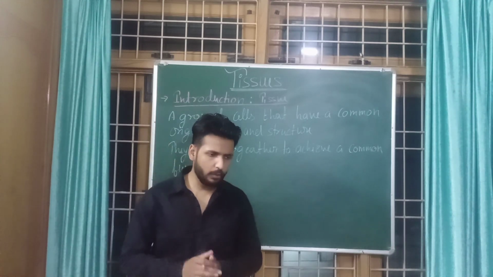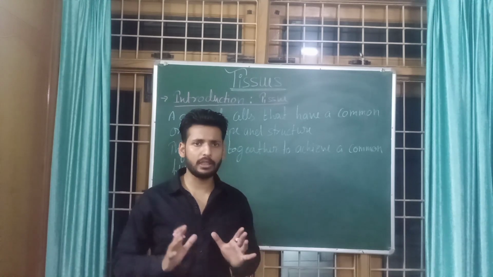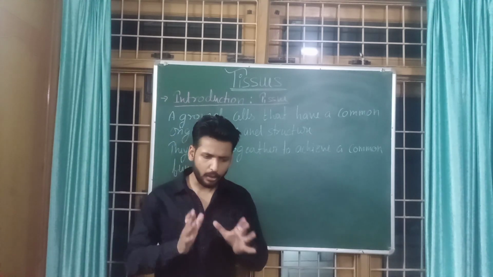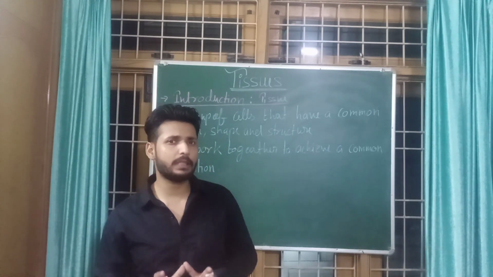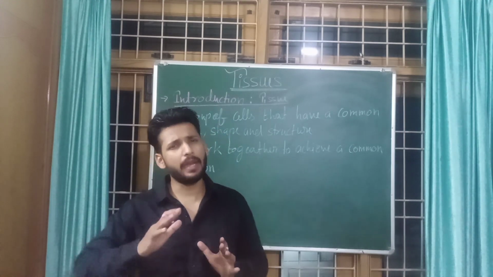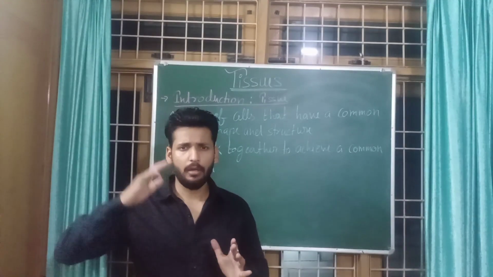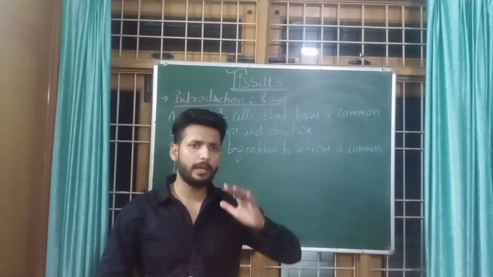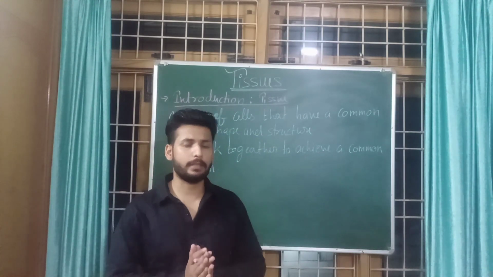On the basis of the number of cells present in an organism, organisms can be classified into two categories: unicellular and multicellular.